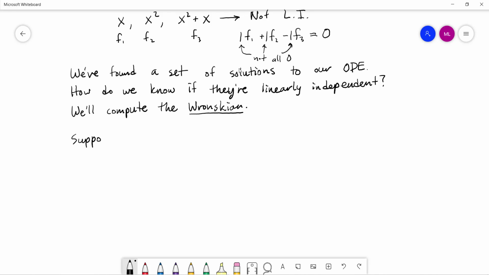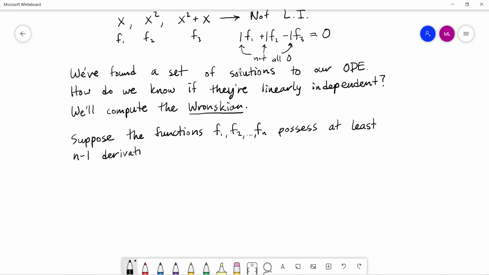So suppose the functions f1, f2, and so on up to fn all possess at least n-1 derivatives, meaning they're functions that you can take the derivative of at least n-1 times.